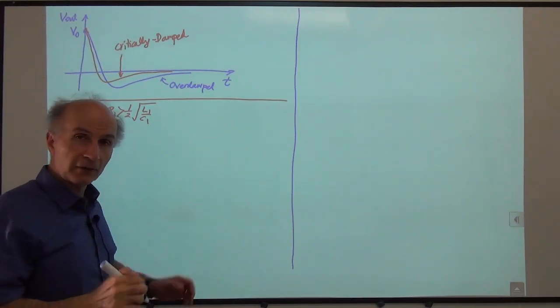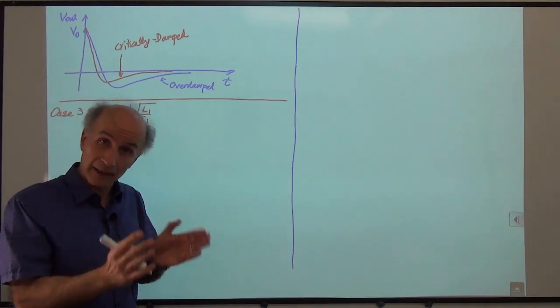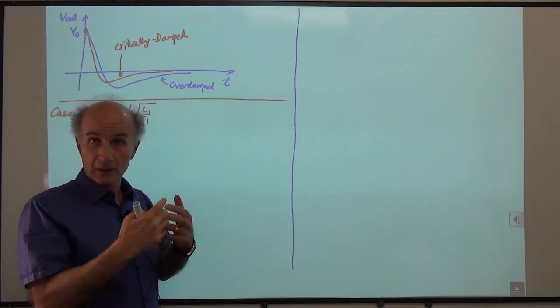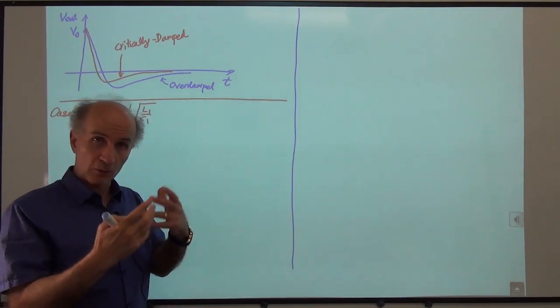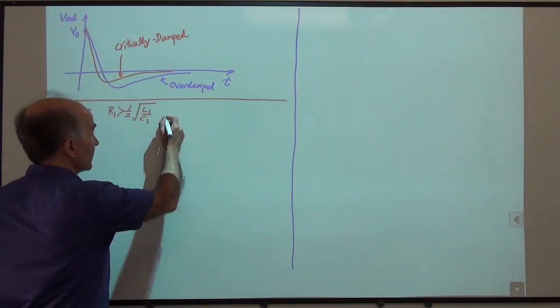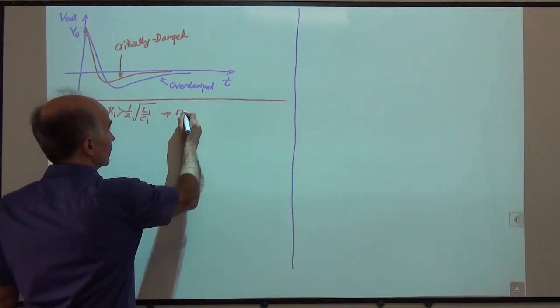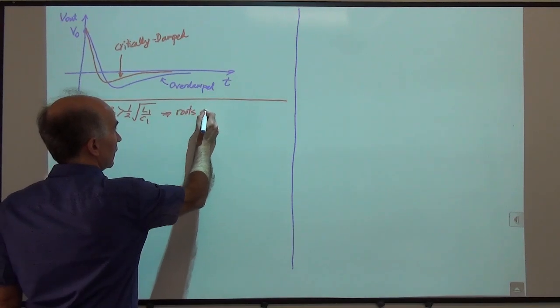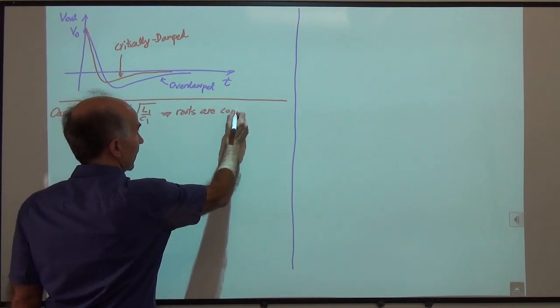And this means that the term under the square root is negative, which makes the roots complex, right? The overall roots of the characteristic polynomial. So we say roots are complex.